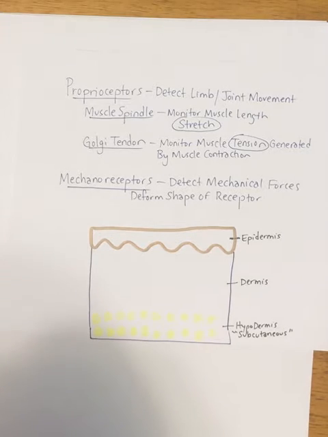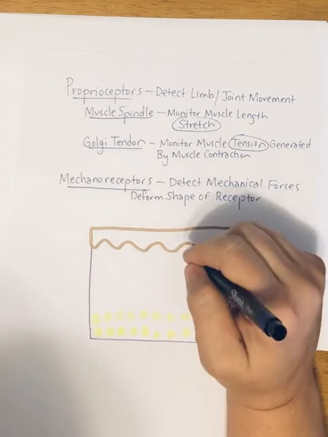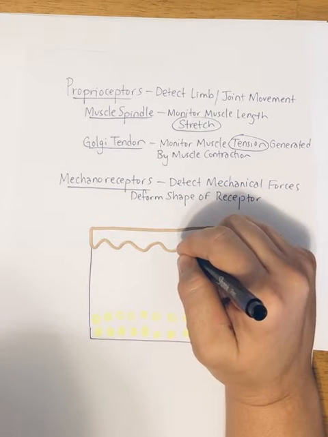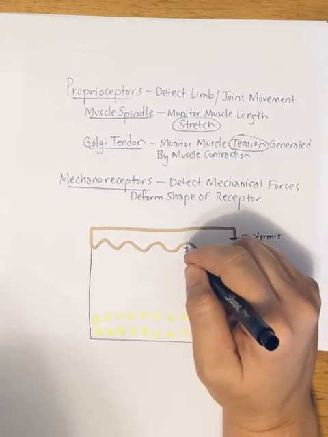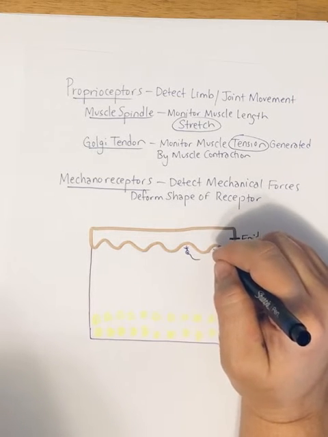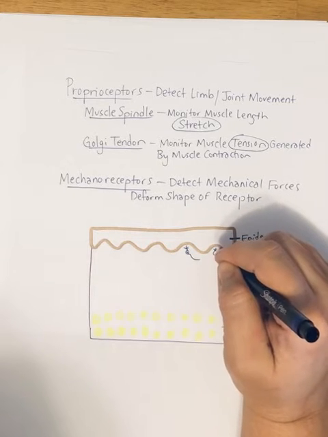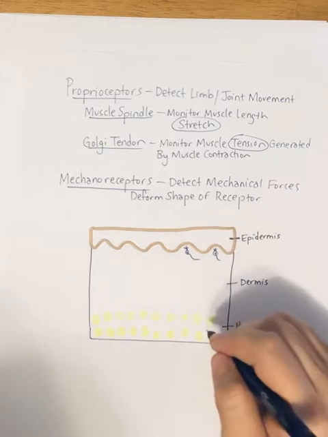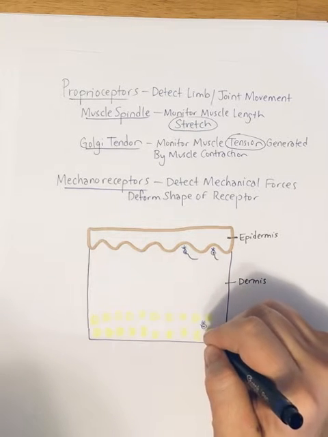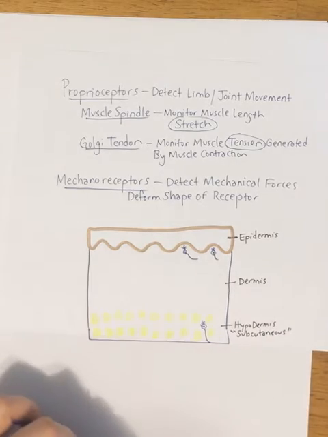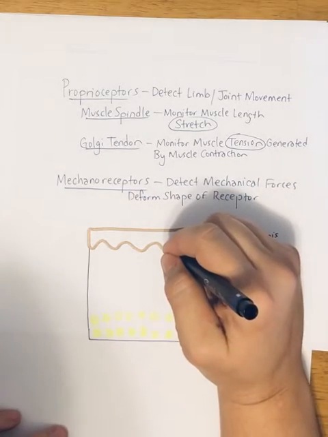All right, now we're going to have a couple encapsulated neurons. So I'm going to draw these out and then I'll go through them. We're going to have basically neurons that are right under the epidermis. We're going to have some neurons that are deep. These are going to be encapsulated.